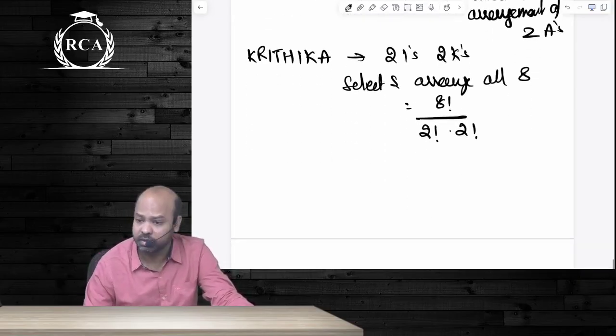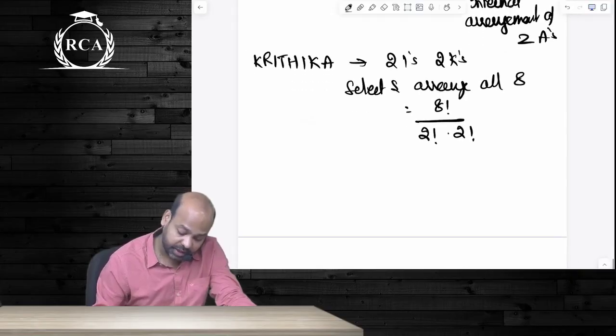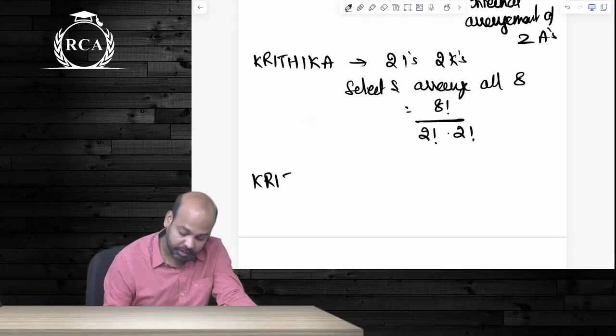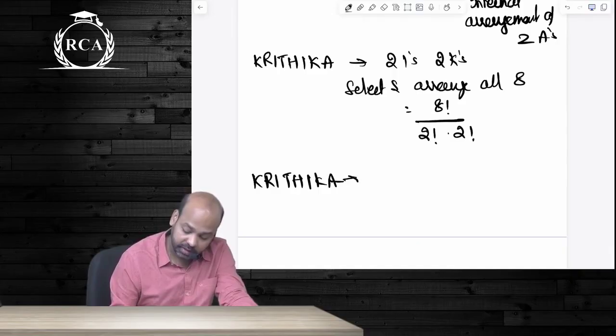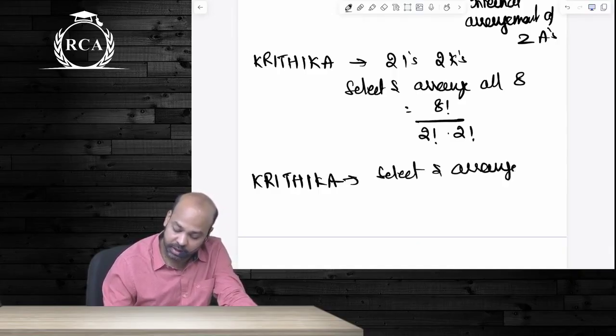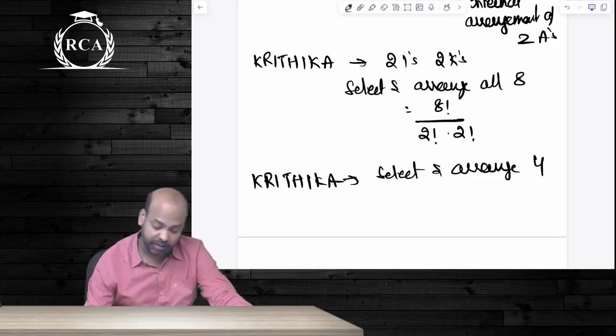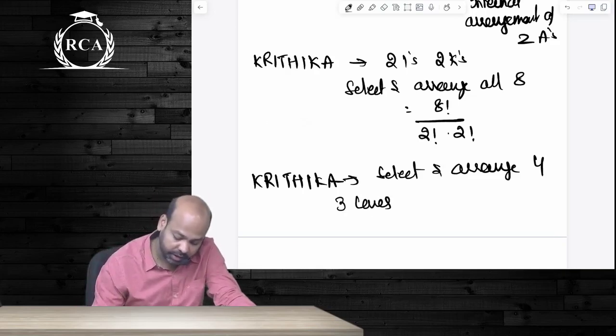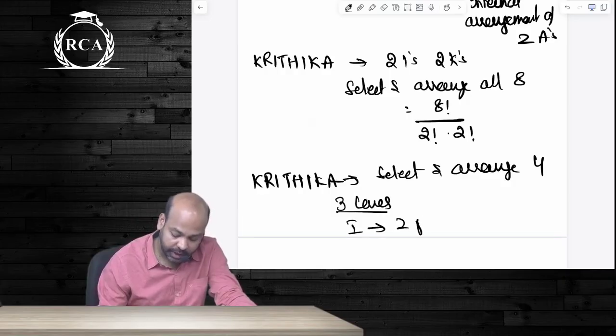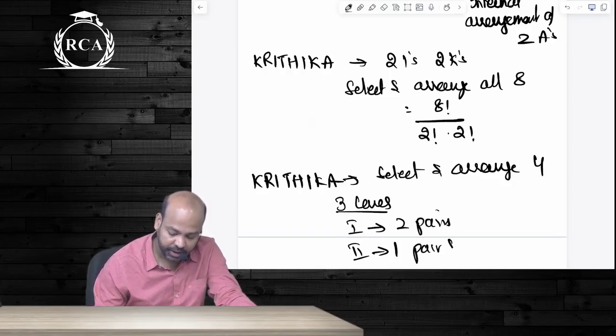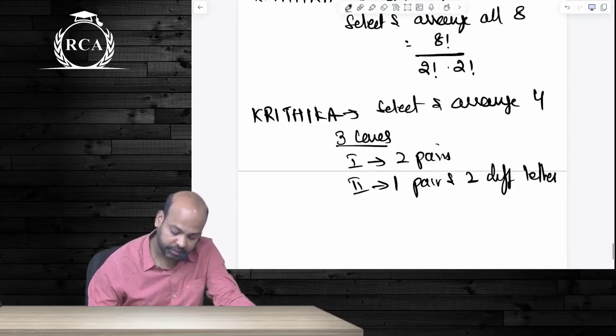Write this. Again, I'm not giving the detailed answer, just saying. Kritika, if the word is given, select and arrange 4, not all 8. Now I will have to divide them into 3 cases. What are those 3 cases? Select 2 pairs, select 1 pair and 2 different letters, and then select 4 different letters.